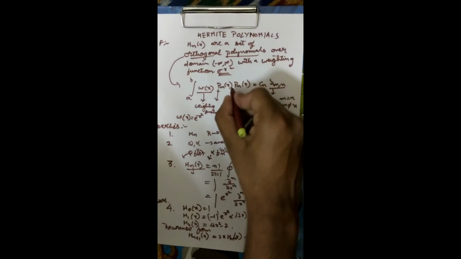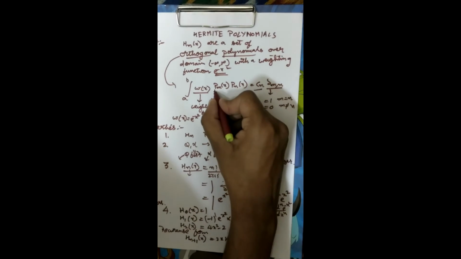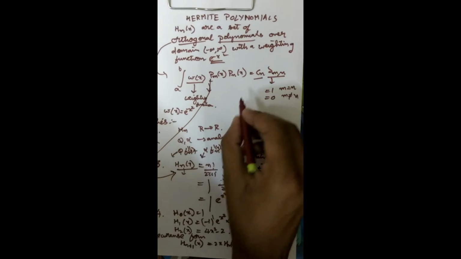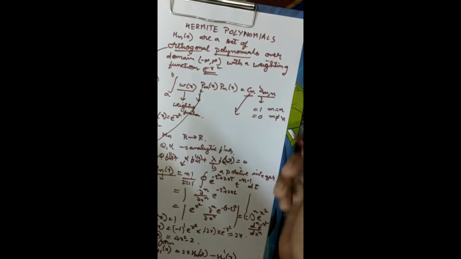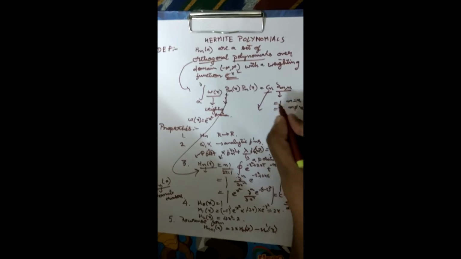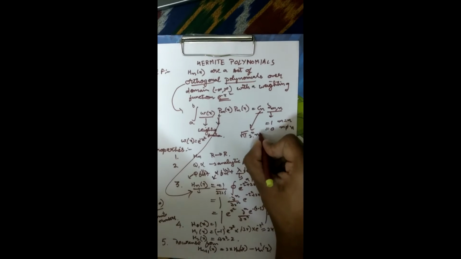Okay, let's go back to the orthogonal function in the beginning. Here the Pm of x is nothing but Hn of x. So we can finally conclude that after solving this equation using the substituted values, the value of Cn is root pi into 2 power n into n factorial.